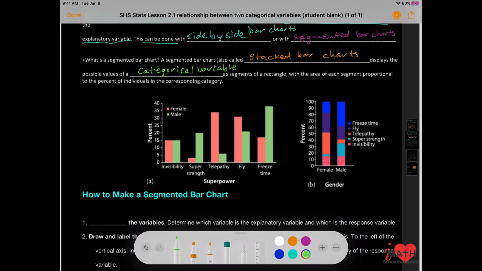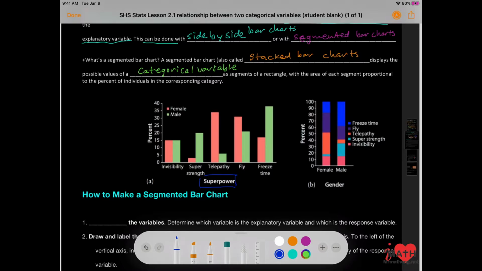So look here on the left side. This one is called a side-by-side bar chart. I basically have two bar charts next to each other, females and males, and they're measuring superpowers, right?